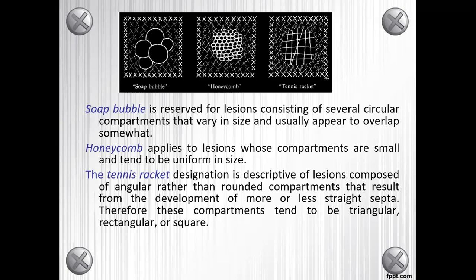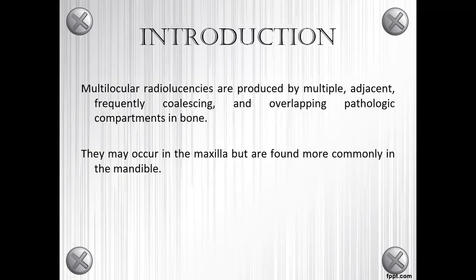They are multiple radiolucencies in the jaw, but not formed together. Multilocular is one entity of radiolucency which has multiple locules or compartments, divided by different septae.